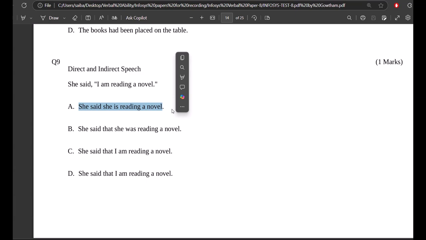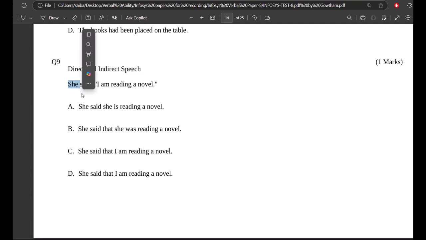Next one, she said that she was reading a novel. Yes. So here they used that when they are converting to indirect speech, and because they have used she as the sentence, I is converted to either he or she. So here she is the context, so they have used she.